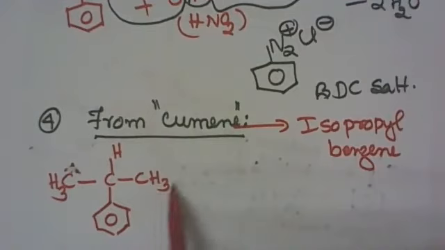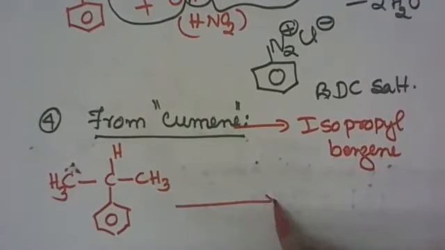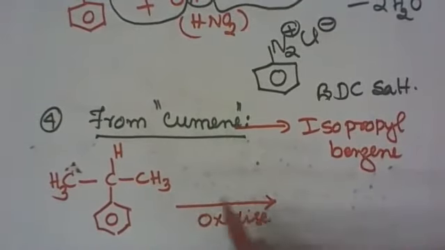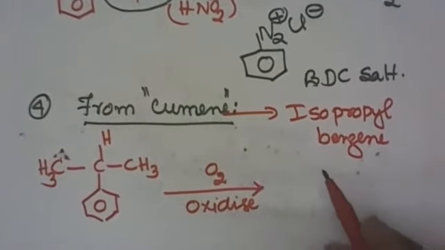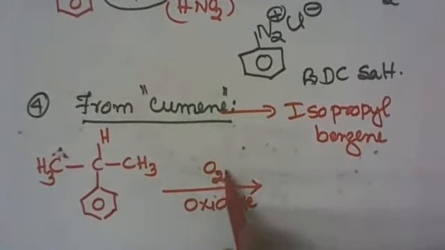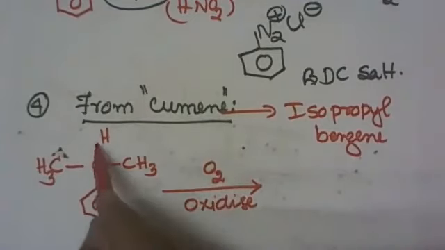What is my target? I don't want all these carbon atoms to be directly attached to benzene. What is done is we have to oxidize this one first, using atmospheric oxygen O2. There are 2 oxygen atoms per molecule of oxygen gas that will come in between carbon and hydrogen.